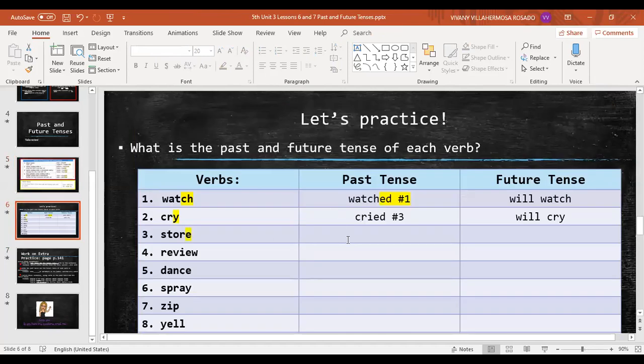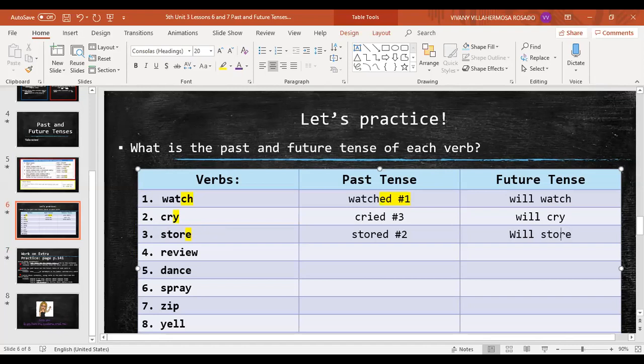So we go here, and it says to drop the final E. So, okay, we drop it and then we add ED. Perfect. And this is rule number 2 according to this table that we're using. Okay. And to form the future tense, you add will, and then you use the verb as it is in its base form. You keep it just like that, and then you write will store.